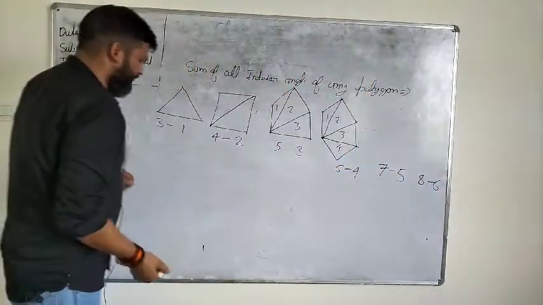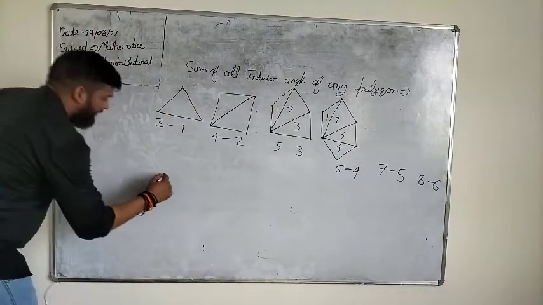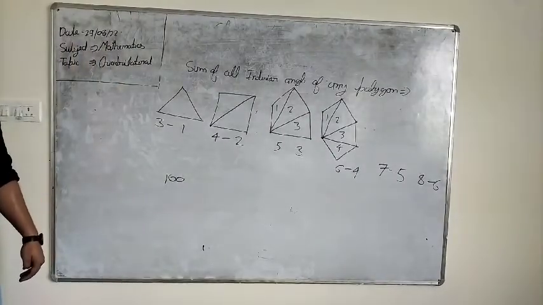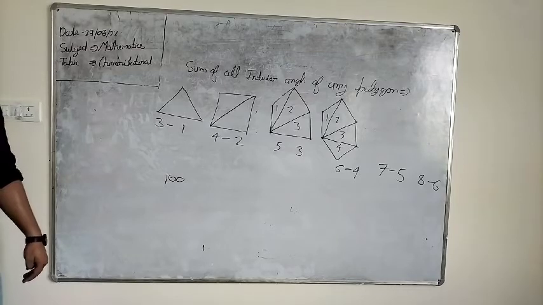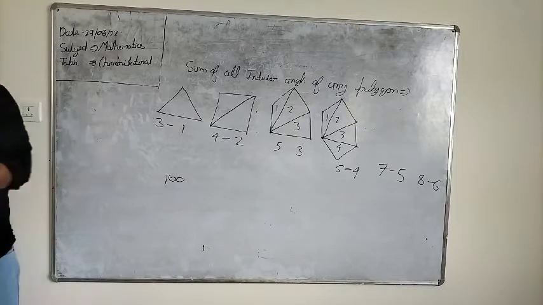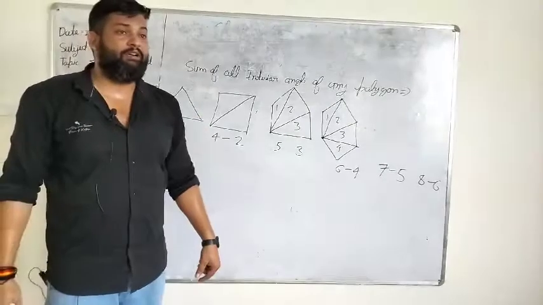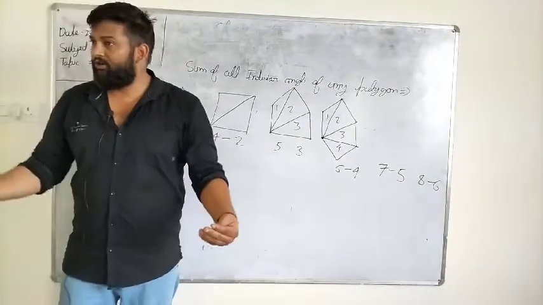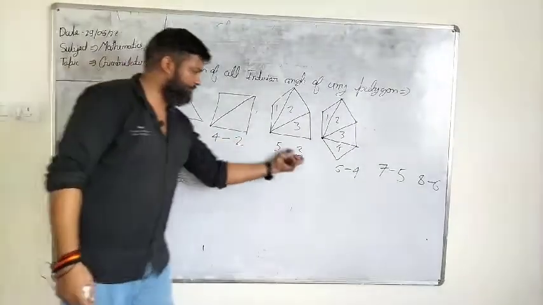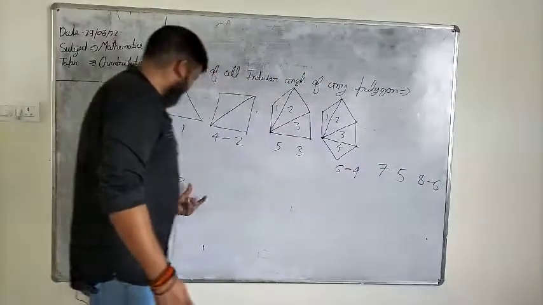Now if I ask you, when the number of sides is 100, how many triangles will be there? Think about it. When the number of sides is 3, 1; 4, 2; 5, 3; 6, 4; 7, 5; 8, 6.